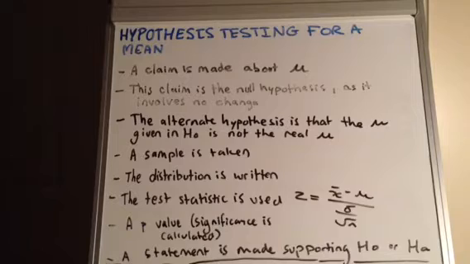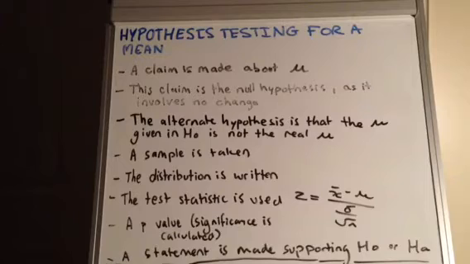So when we say that the bread roll may not actually have that mean weight, I'm technically saying that there isn't enough evidence to support it, because it doesn't lie within the 95% region. The alternate hypothesis is that it's not going to be that weight.